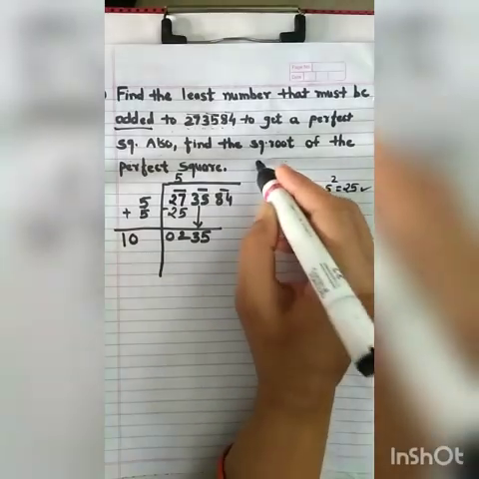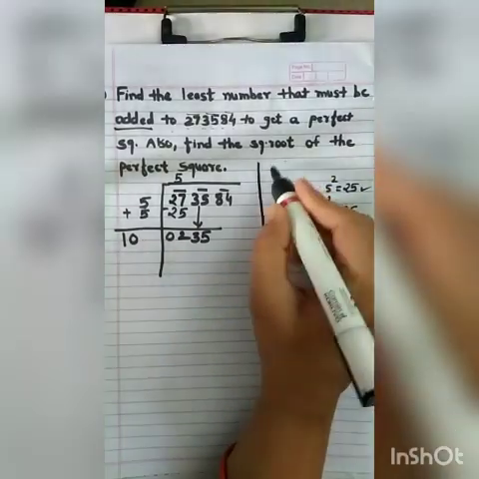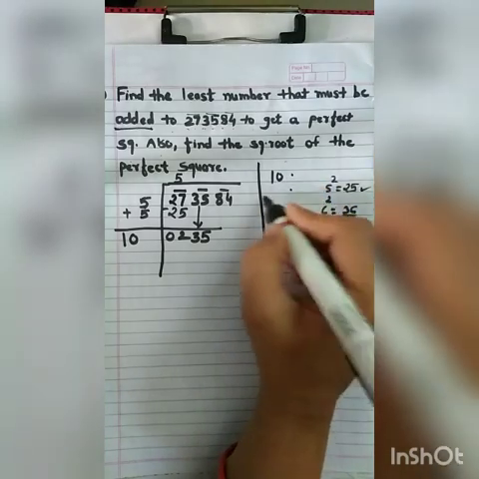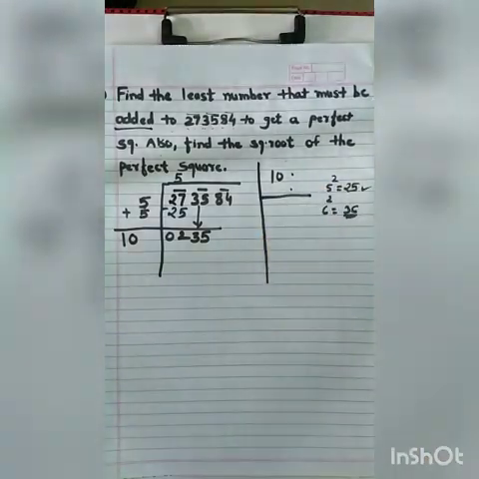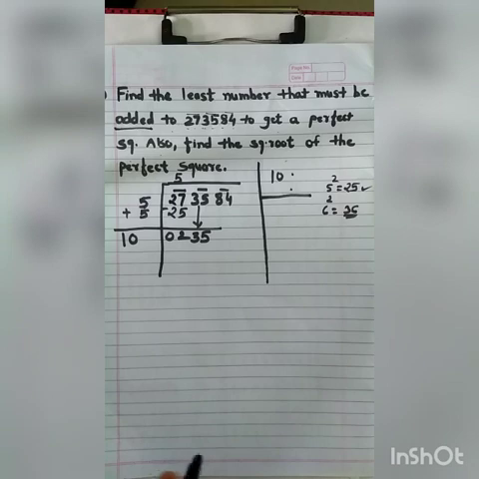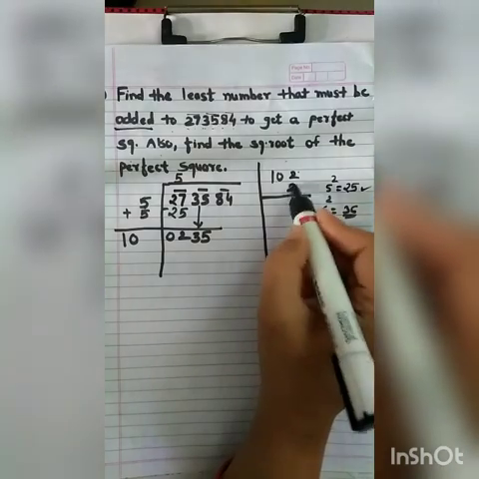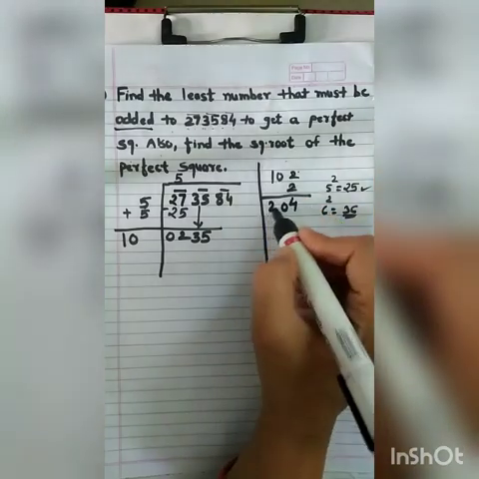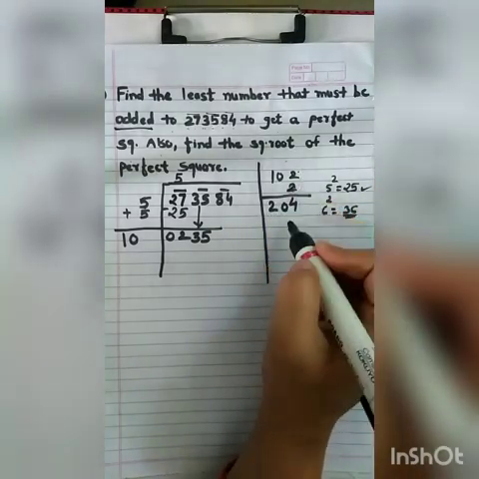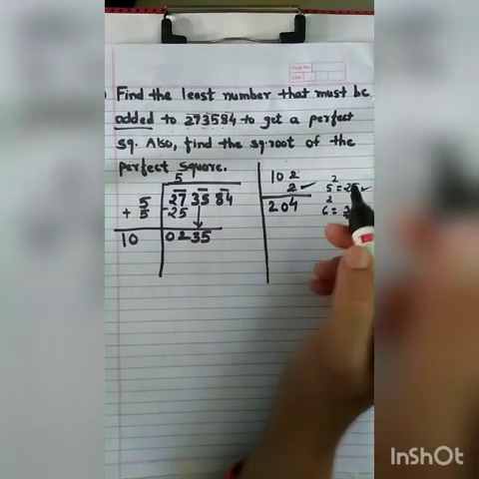Now we have to multiply a number in such a way that we get nearer to 235. Suppose I take 2: 2 2s are 4, 2 0s are 0, 2 1s are 2. And if I take 3, it will be bigger. So better to go with 2.